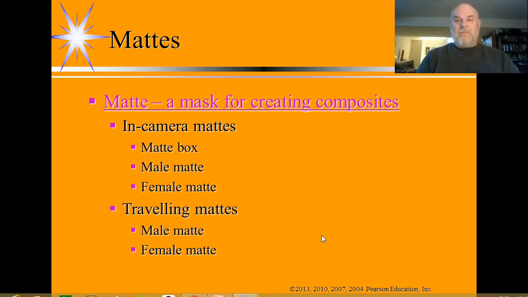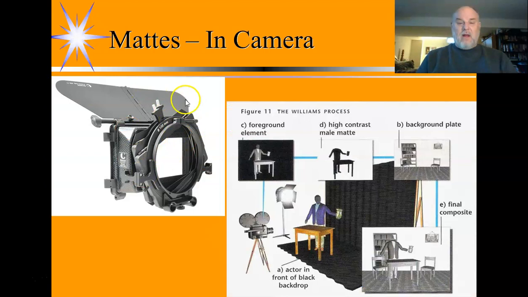So basically, what would happen was that a mat box would be placed in front of the camera, an element like this, and then Méliès would film an actor performing an action, as you can see here, usually in front of some kind of a black background.